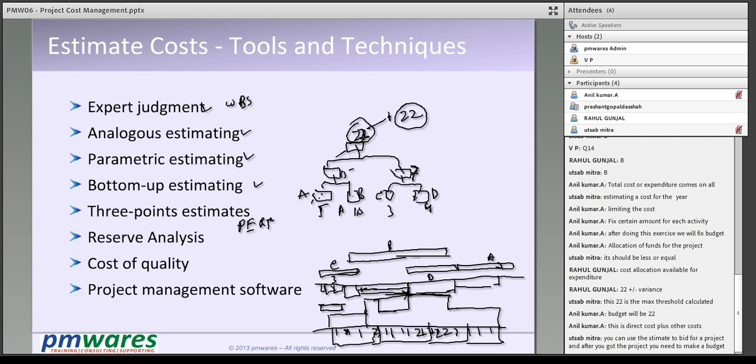Time, we say it time phased expenses is budget.